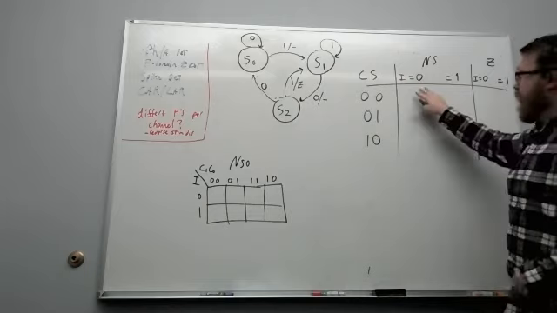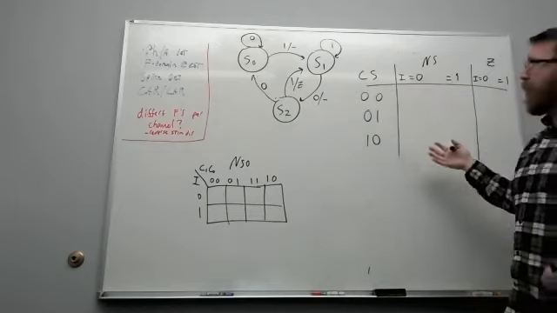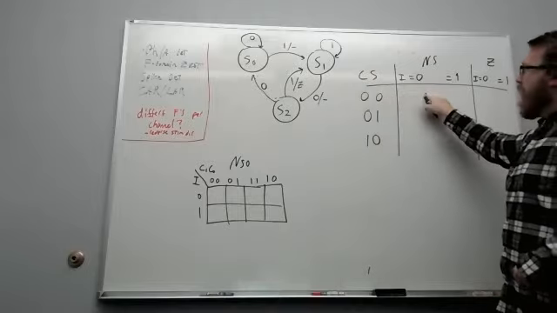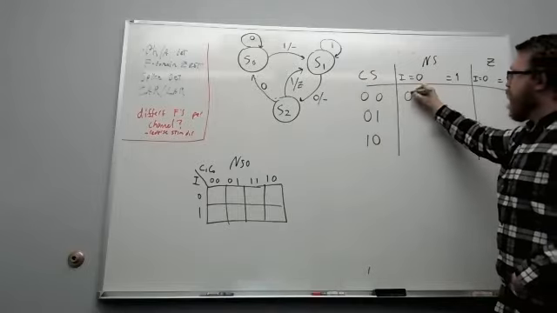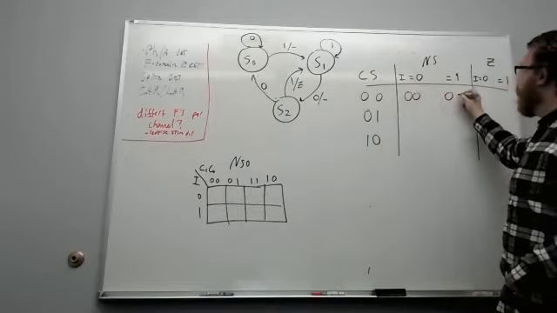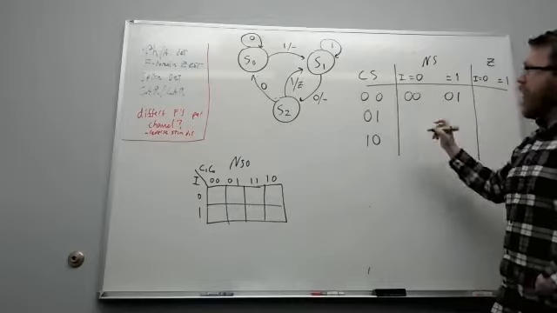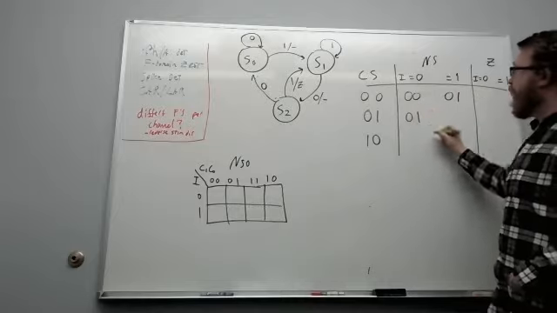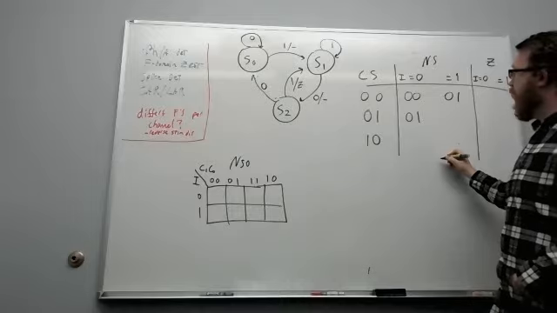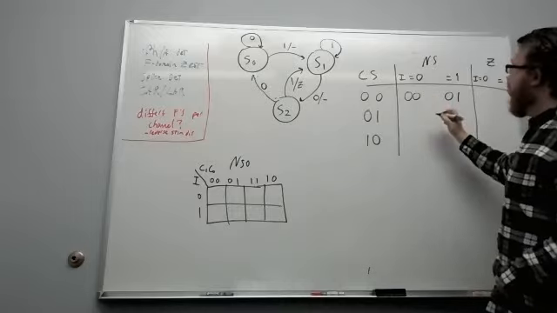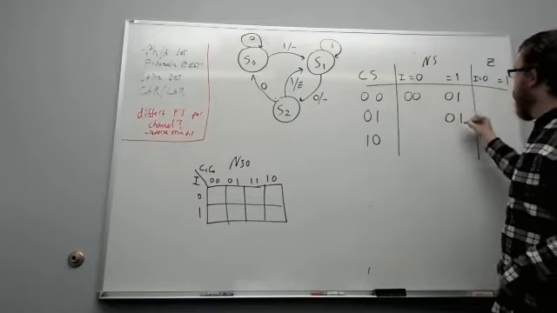Then I need to start stepping through and see what is my next state. Well, if I'm in state 0, and I get a 0, I stay put. Otherwise, I go to state 1. Same thing holds here, I stay put if I get a, oh, that's not quite true. If I get a 1, I stay put.